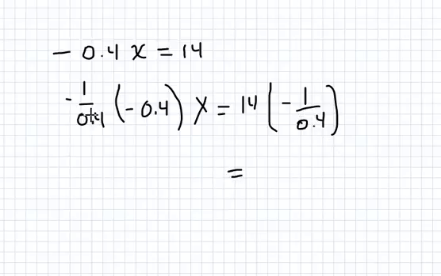And of course, multiplying these two together gives me x is equal to, and this should end up becoming negative 35. So I just use the calculator and plug that in here.